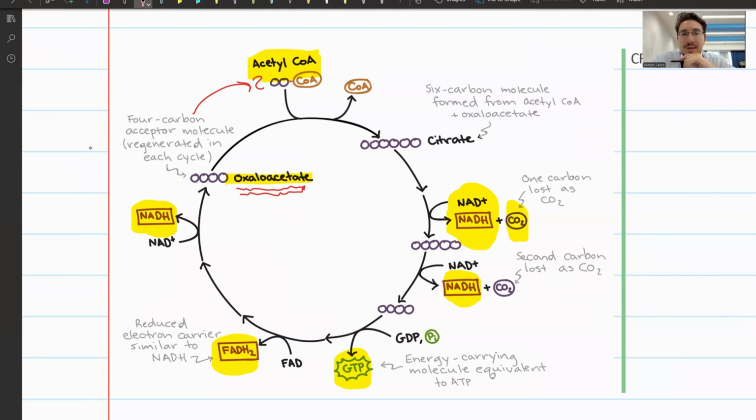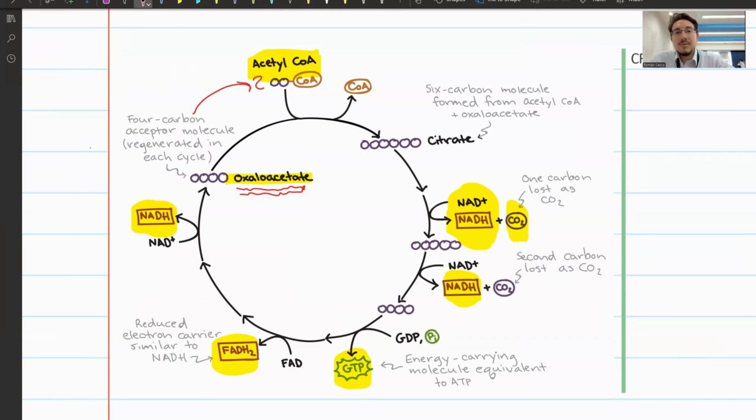Again, you don't need to know that, right? Just understand that acetyl-CoA comes in, binds to a molecule called oxaloacetate, and as it's running through and creating different variants of itself and losing carbons, it's also passing electrons to these carriers, right?